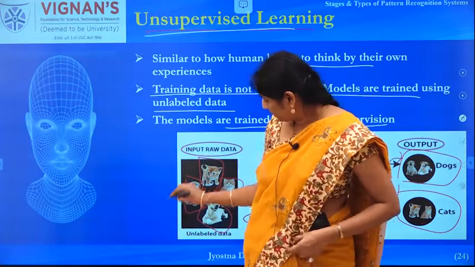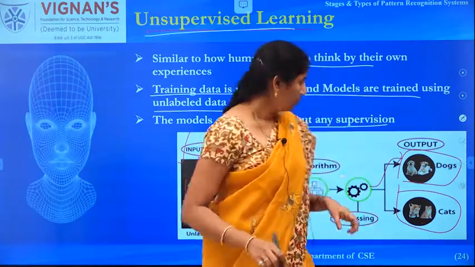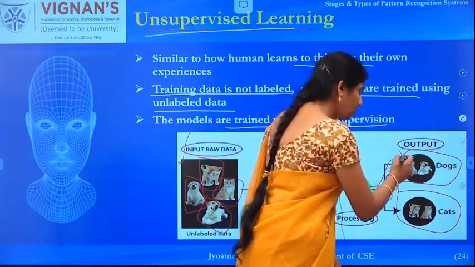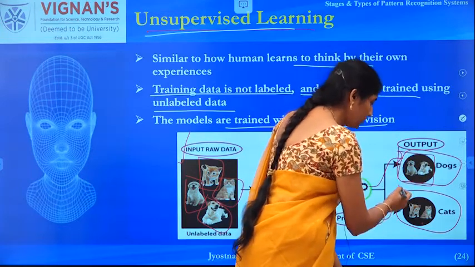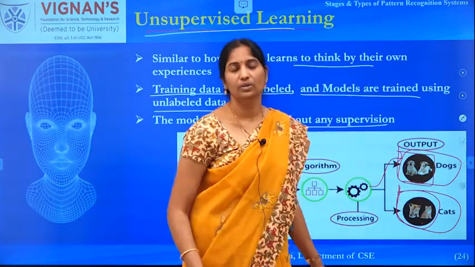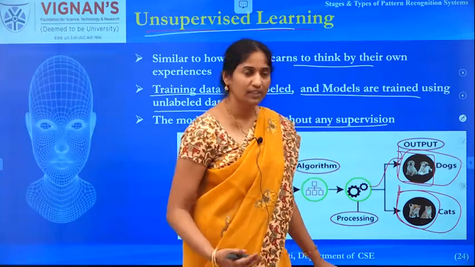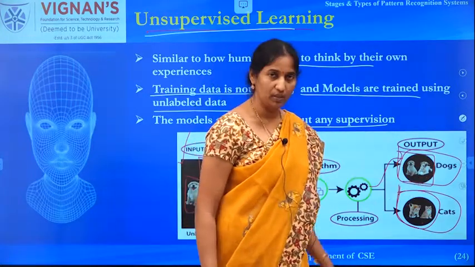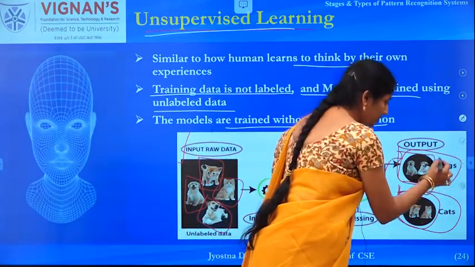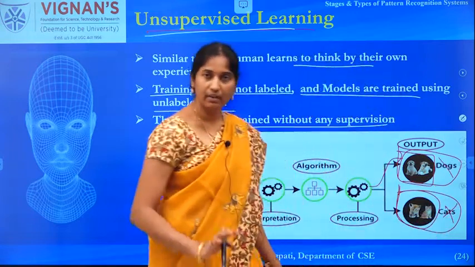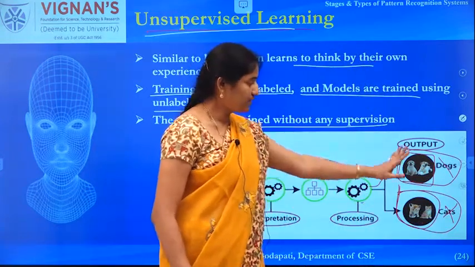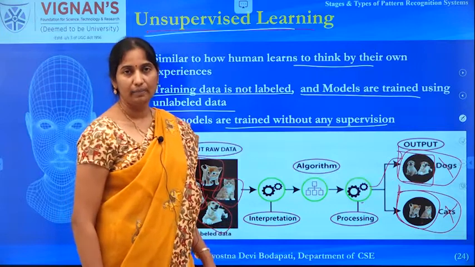Depending on the patterns available in the input data, the model itself is grouping the data. Here this is one group and these two belong to the other group. That is the kind of output produced by the model. Here also the model will not say that these are dogs and these are cats; that will not be generated. Just for our understanding I labeled it, that is all.